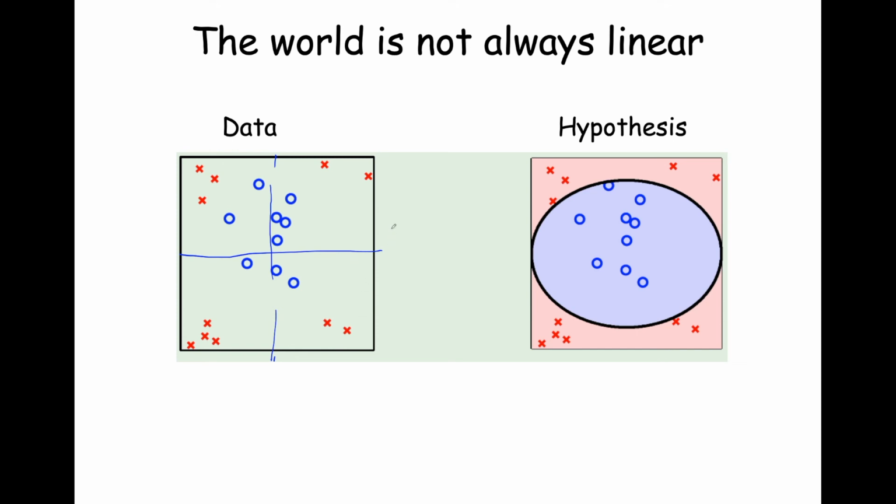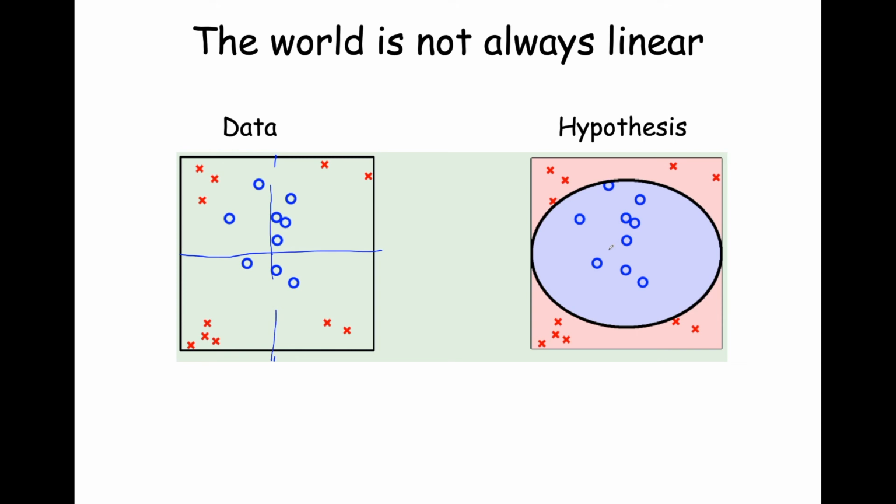So let's assume that the geometry of this feature space was such that the blue points tended to be closer to the center and the red points tended to be further away from the center, being the origin in feature space. Now, if we wanted a hypothesis that's going to separate the blue points from the red points, i.e. coincide with the ground truth target function, we can't find a line that does that. The best hypothesis that does that is going to be an ellipse, but a line is not an ellipse.